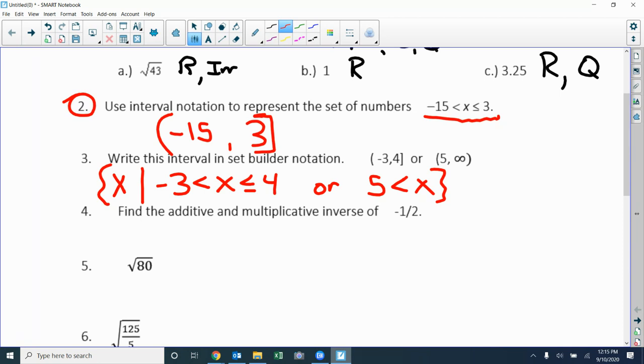Inverse. What are we going to add to get 0? So tomorrow you write the additive inverse, which is 1/2. What am I going to multiply to get 1? The reciprocal, which would be -2 over 1, or you can just write -2.